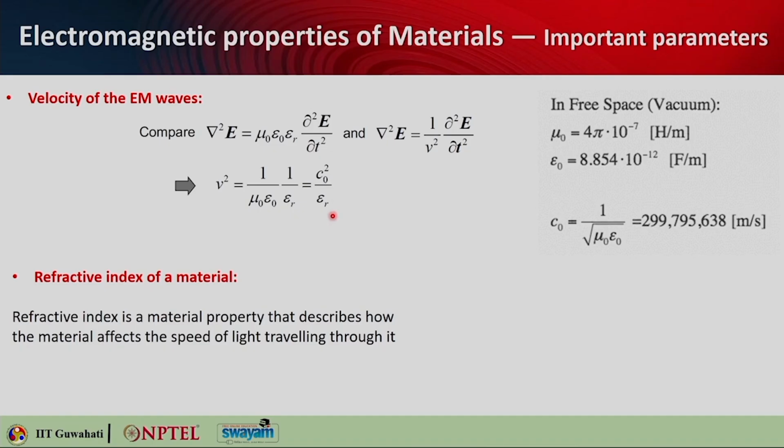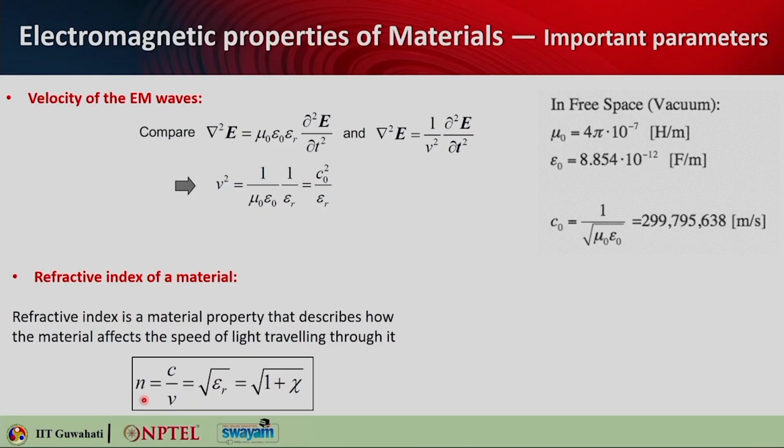And you will see that square root of epsilon r is nothing but n, that is the refractive index of the material. In other words, n is basically c over v. So you can also define refractive index as the ratio of the speed of light in vacuum over the speed of light in that particular medium, which has the refractive index n.